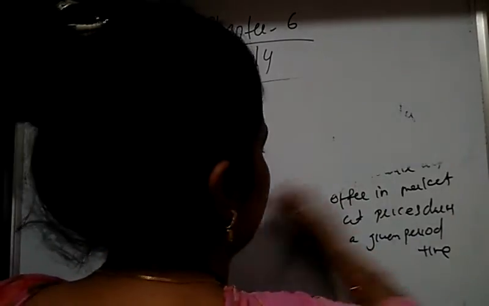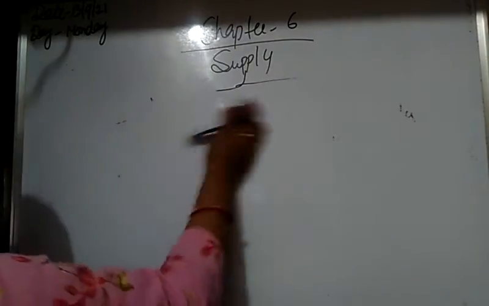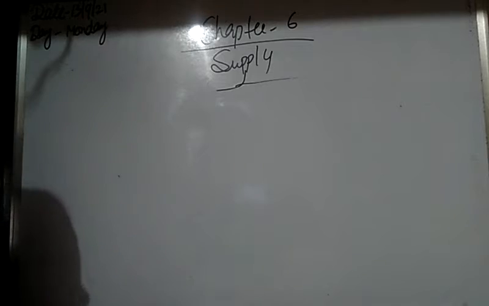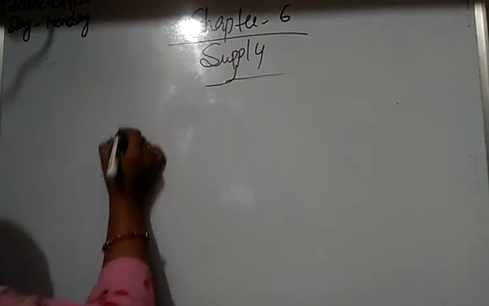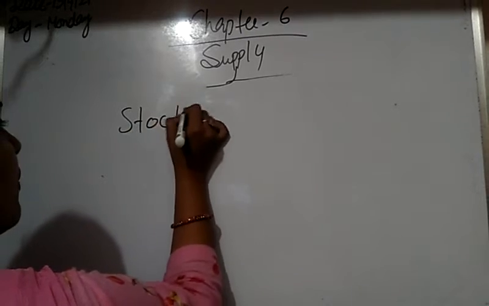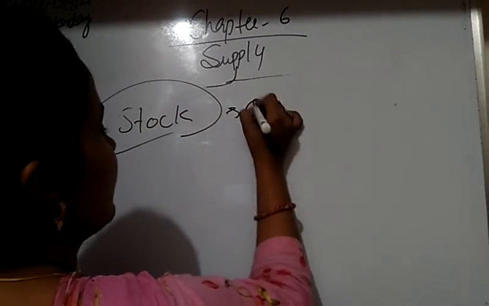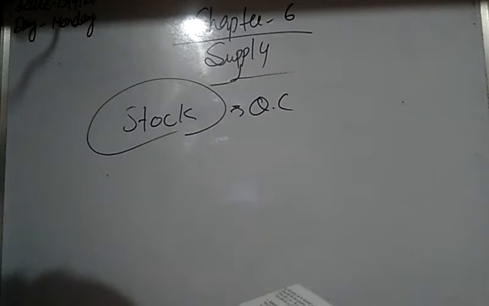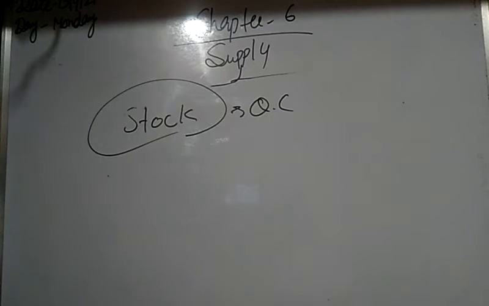Next is supply and stock. So what is the difference between supply and stock? Students, stock is the quantity of a commodity which is available with the firm.